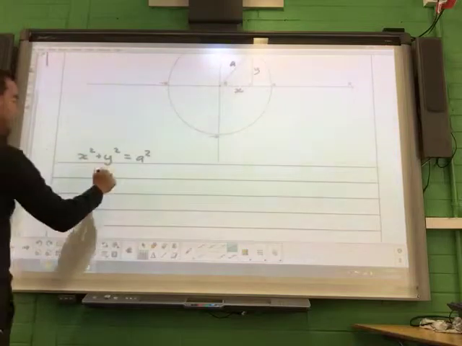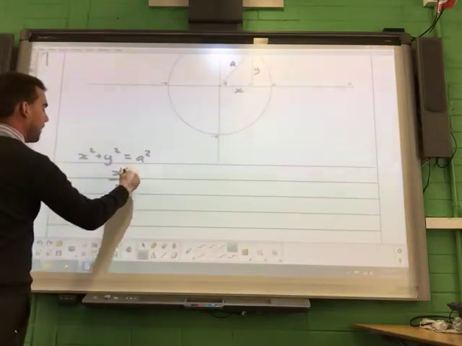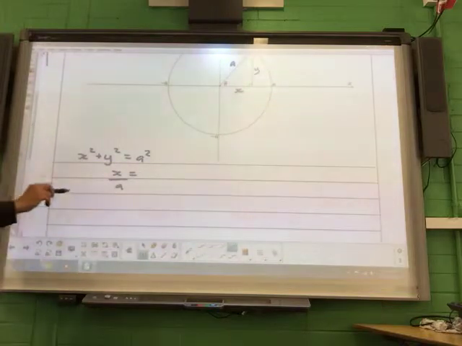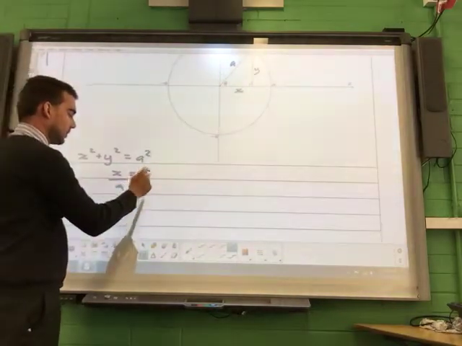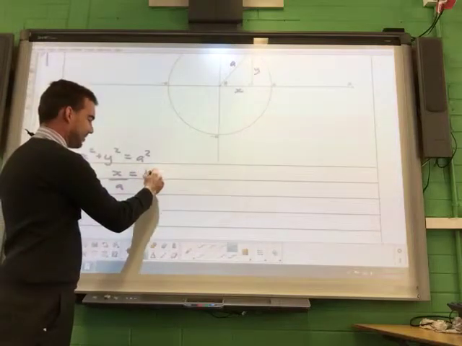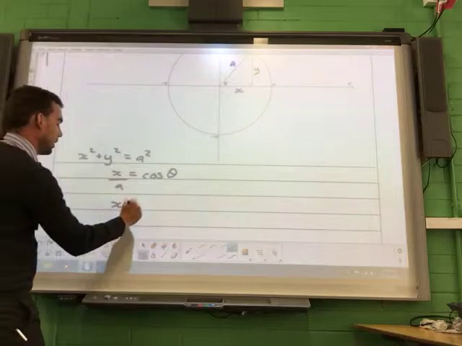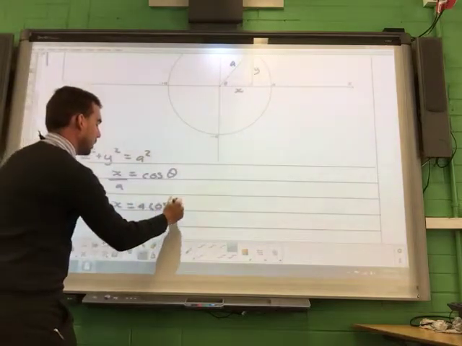So I know that x over A, the adjacent to the hypotenuse in respect to theta, which is one of your three trig ratios, is cos theta. So x is equal to A cos theta.